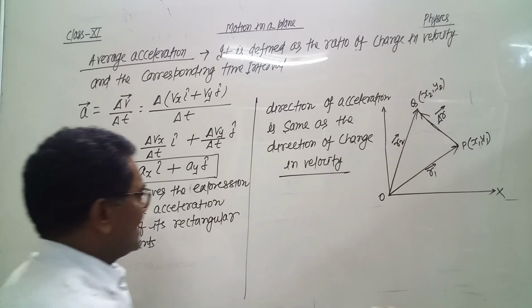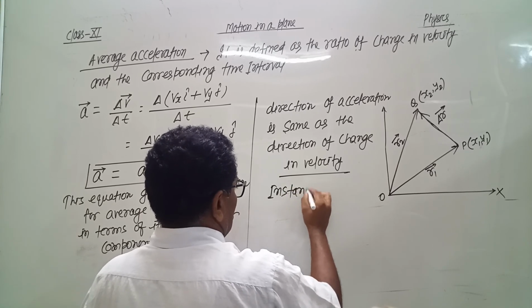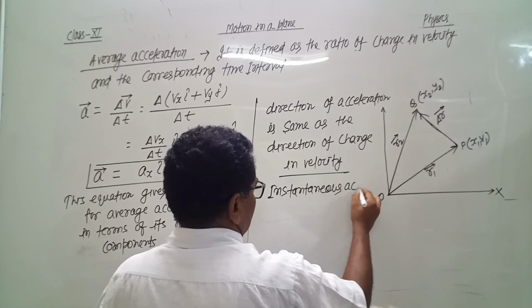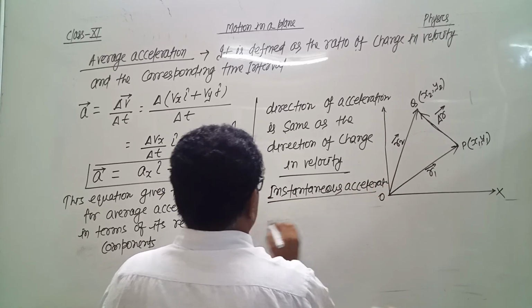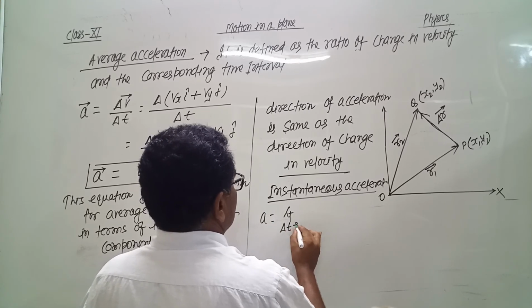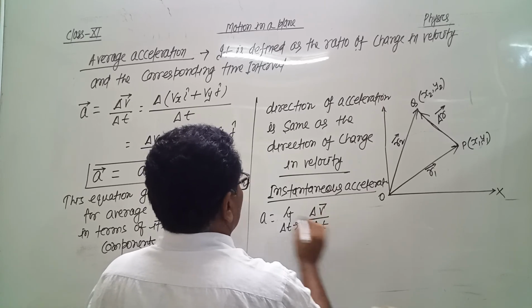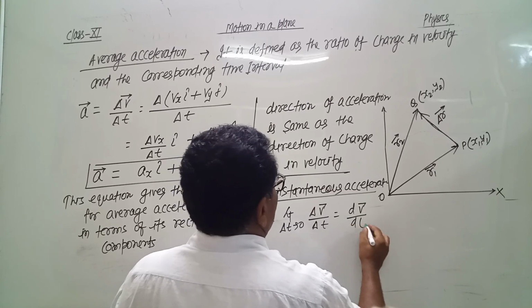And instantaneous acceleration is given by A equals limit delta t tends to 0 delta v by delta t, which is given as dv by dt.